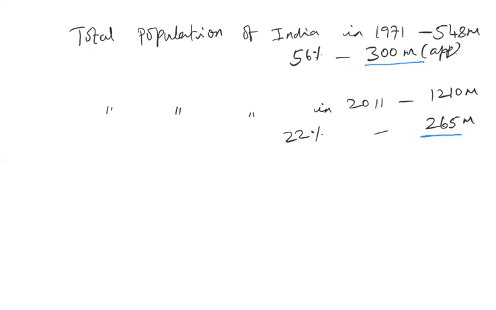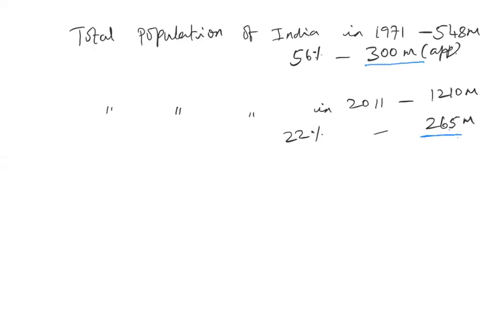In other words, even today, more than 250 million of the population in the country are below the poverty line. So from 300 million to 265 million, it is not that much decrease. But when you look at it in the form of a percentage, it sounds as if half the percentage of the population have come above the poverty line. It is not like that.